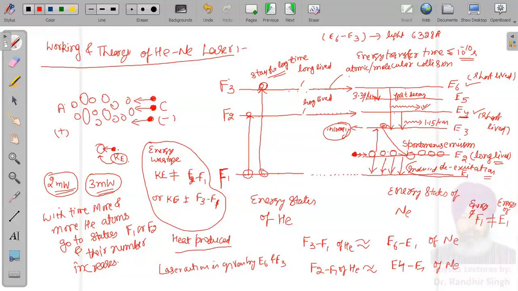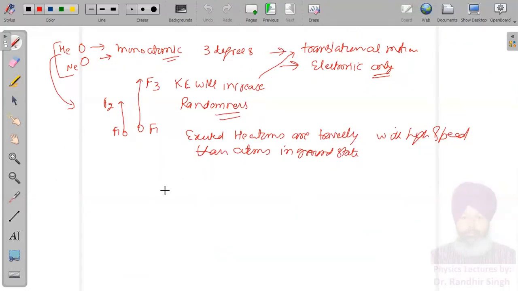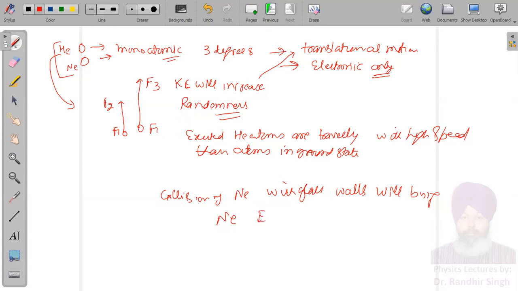This process is called induced de-excitation, and we achieve it by using collisions of the neon molecules with the glass walls. So the collision of neon with glass walls will bring neon from E2 to E1 forcefully.